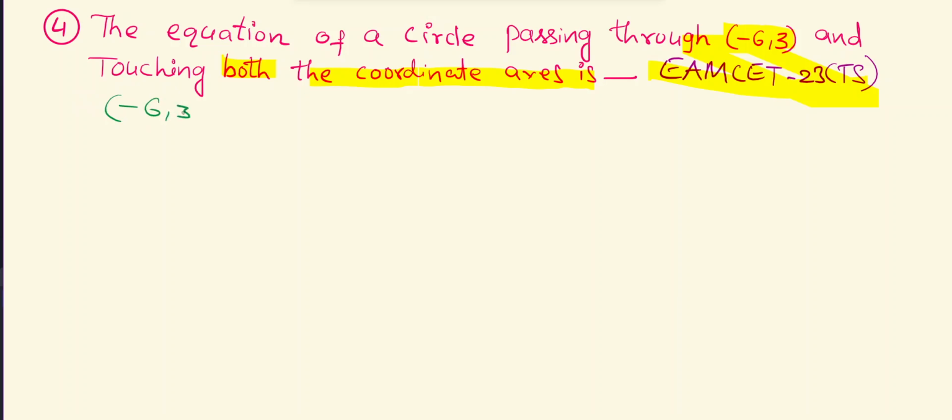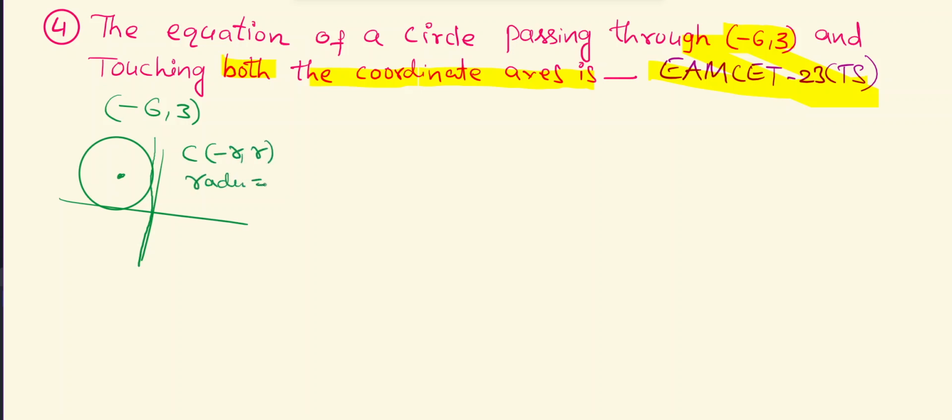That means this point lies in the second quadrant. In the second quadrant, the circle touches both the coordinate axes. So in the second quadrant, the center of the circle is taken as minus r comma r, and the radius is small r.